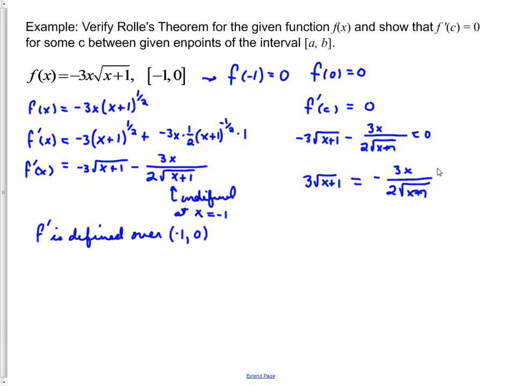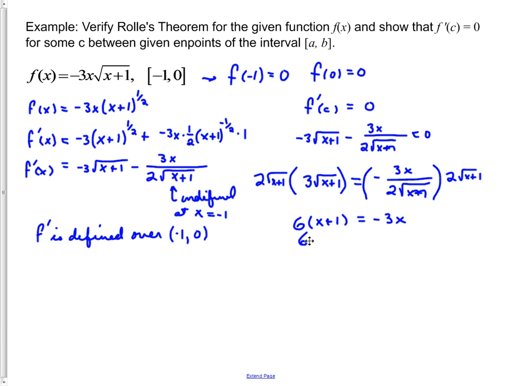So let's multiply both sides by 2 times the square root of x plus 1 to eliminate our denominator. I multiply by 2 times the square root of x plus 1 here, and 2 times the square root of x plus 1 here. I end up with the quantity 6 times x plus 1 is equal to negative 3x.